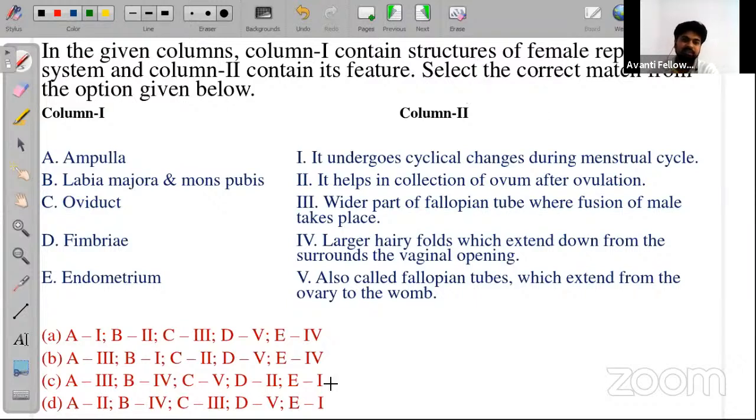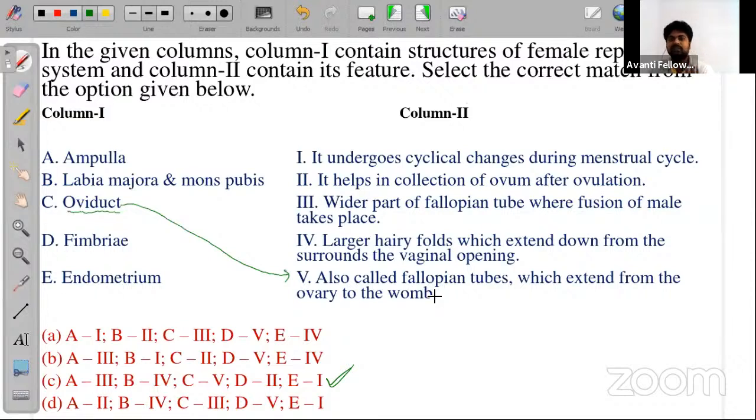So option C is the correct option here. First of all, please choose the option which is easy for you. For example, in my case, I already know what is meant by oviduct. The oviduct is also called the fallopian tube, which extends from the ovary to the uterus.